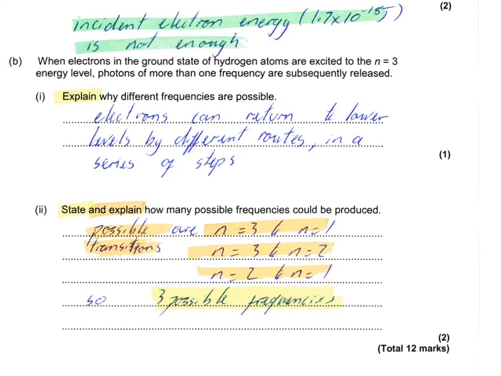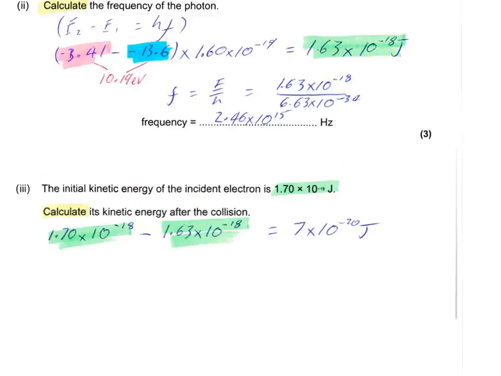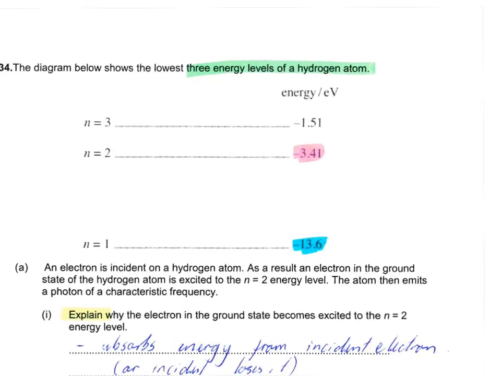When electrons in the ground state are excited to n equals 3, photons of more than one frequency are subsequently released. First of all, we've got to explain why different frequencies are possible. So if I go back to the original diagram, if I put an electron in n equals 3, a number of things can happen. It can drop all the way to n equals 1, or it can drop down to n equals 2, and then drop down to n equals 1.